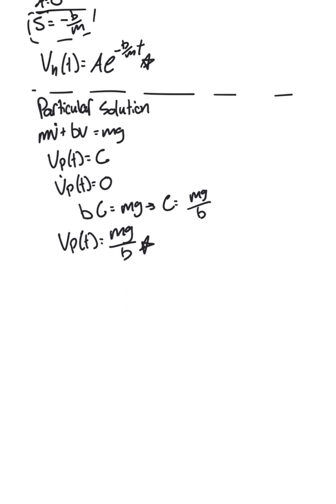And again, this is kind of akin to the free and forced response. This would be kind of our forced response. You know, what's the system doing as a function of the input? And up here, this is our free response, because it's going to be dependent on our initial condition to solve for that coefficient a.